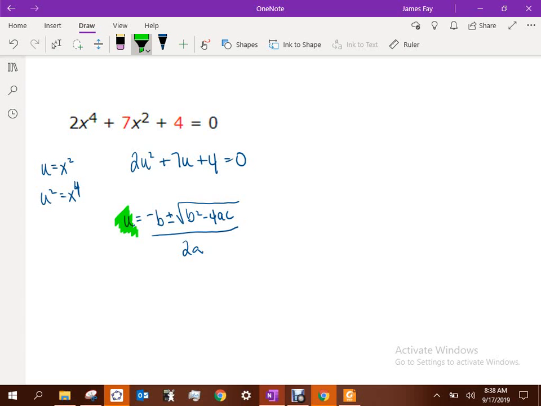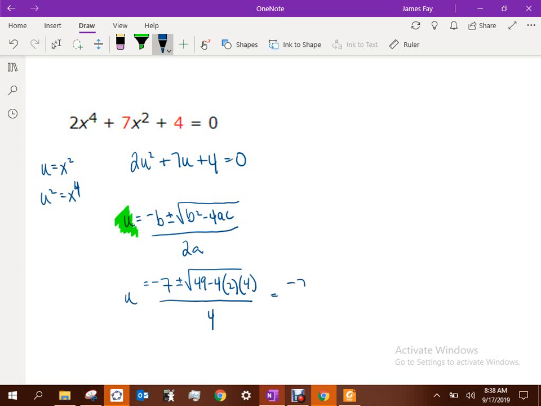So if I do this, just plugging this stuff in, I get negative 7 plus or minus, so it'll be 49 minus 4 times a times c, all over 2a, and that ends up being u.